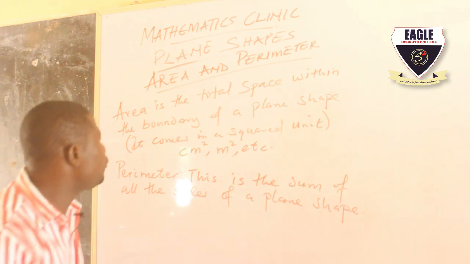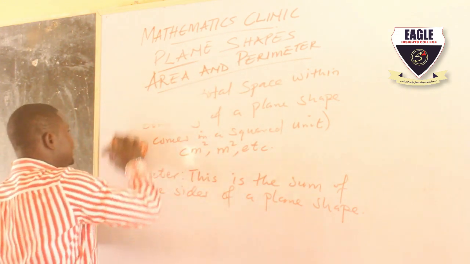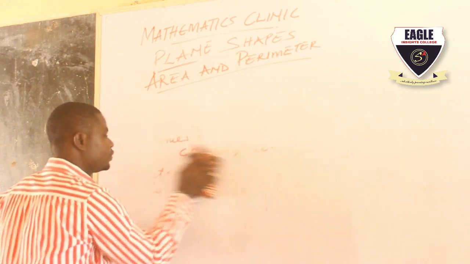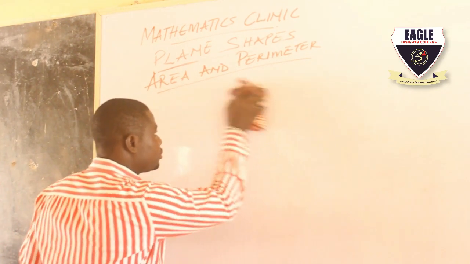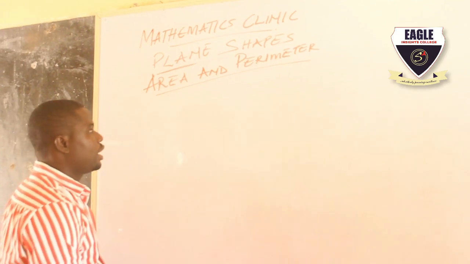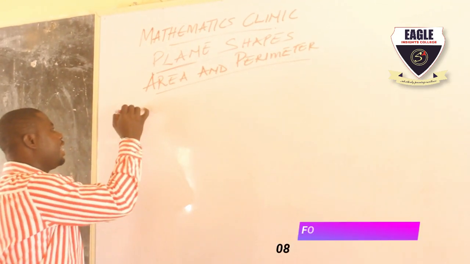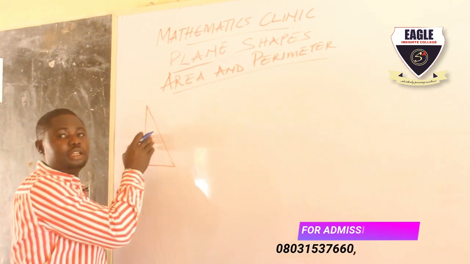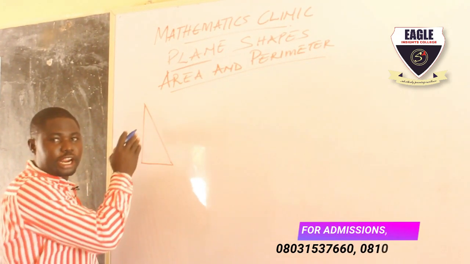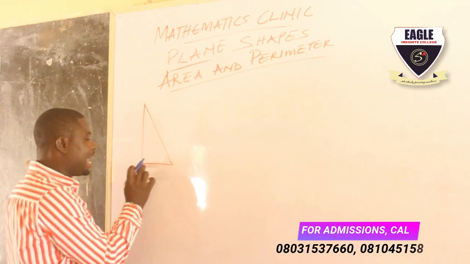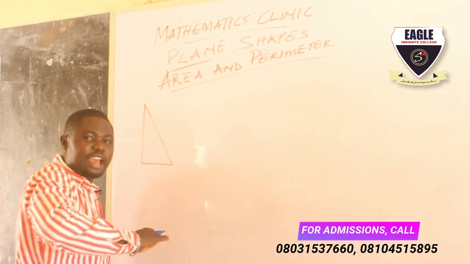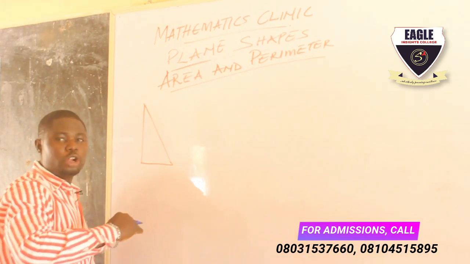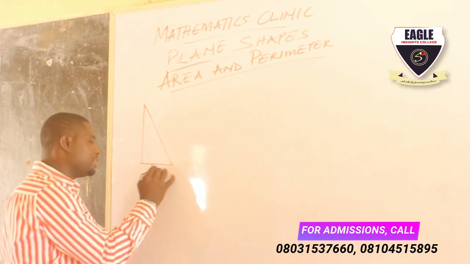Now, as we forge ahead, the area. Looking at this plane shape, this is a triangle. This side with which it has been able to rest itself on the plane, on the paper or on the diagram, is what you call the base.